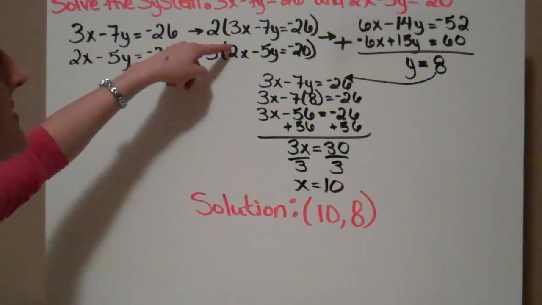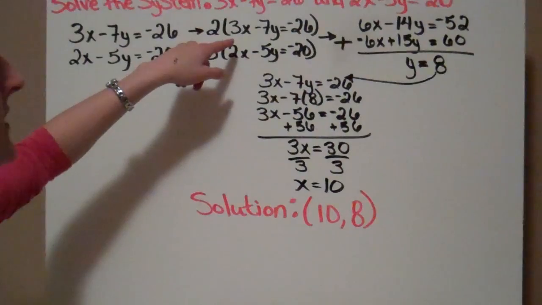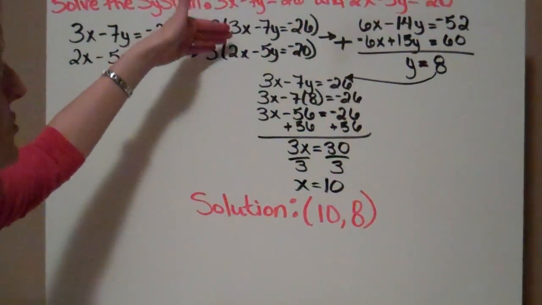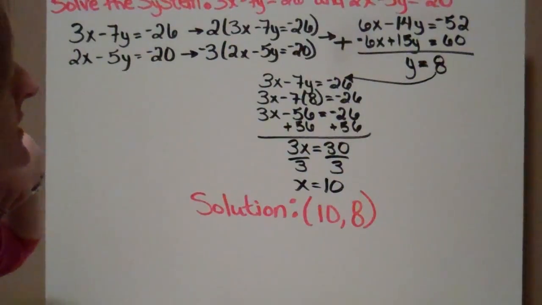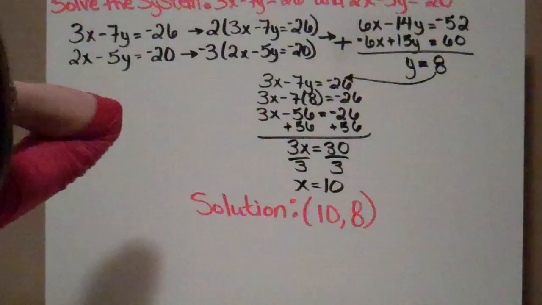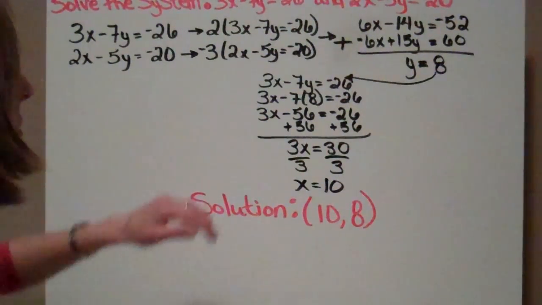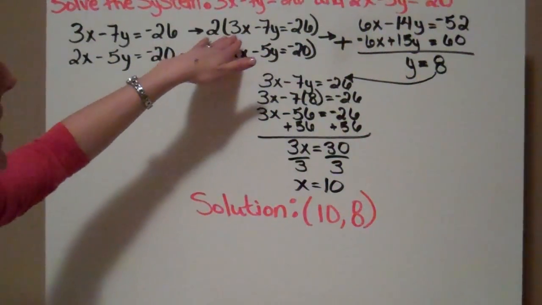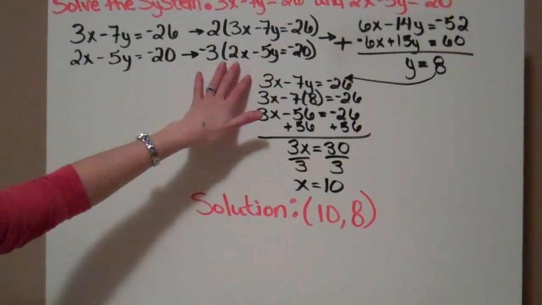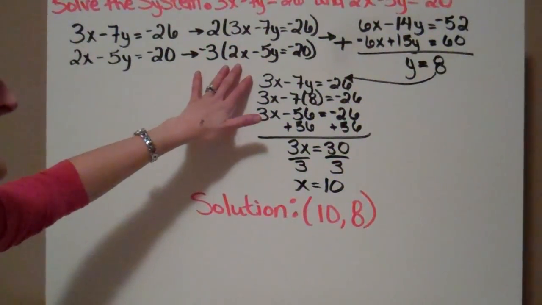Notice both of these are pluses. So if I added them, then it wouldn't eliminate it. If I subtract them, it wouldn't eliminate it. So I need to multiply one or the other, or both, by a number. Now, I'm going to do the top by 2, so this becomes 6x. And the bottom by negative 3, so this becomes negative 6x.